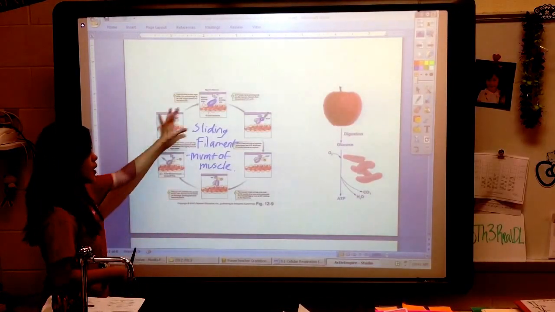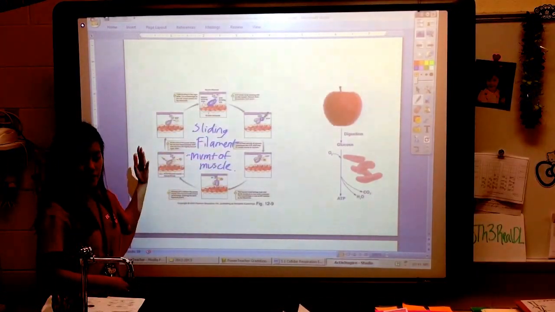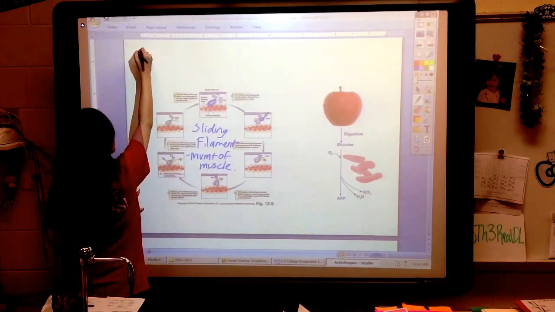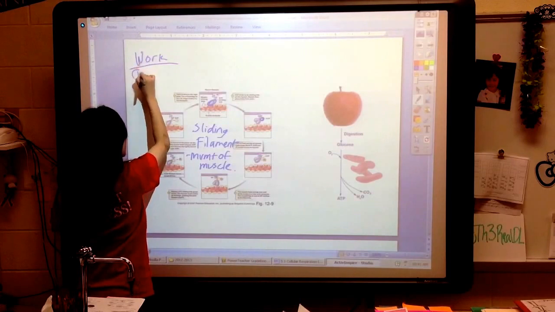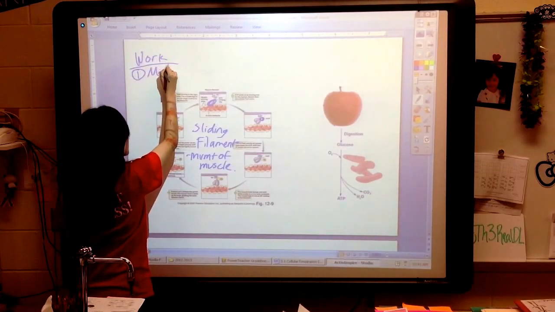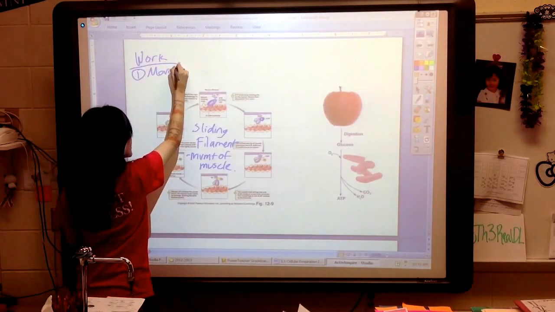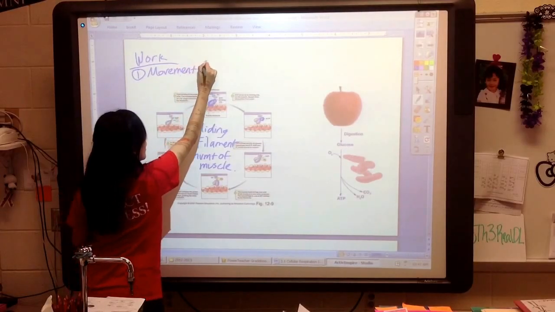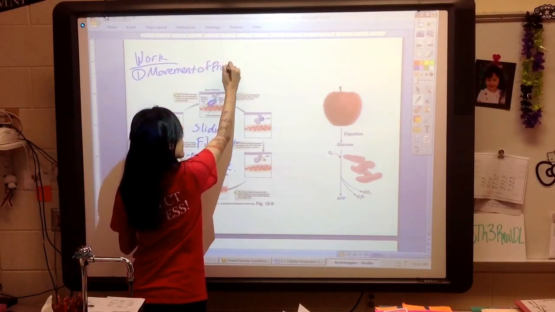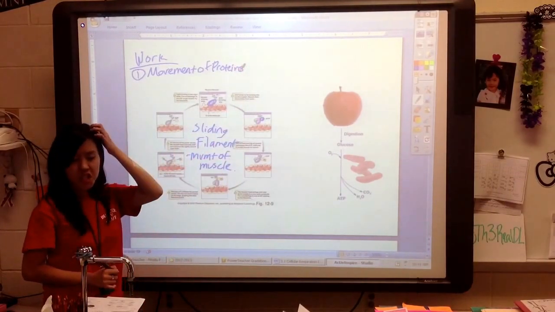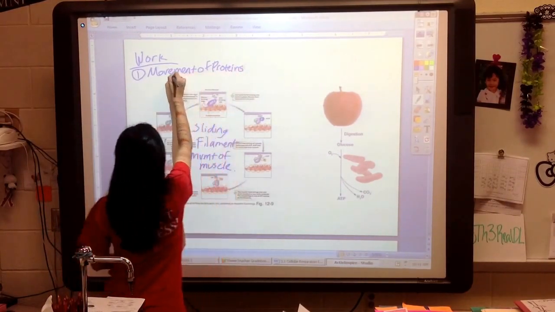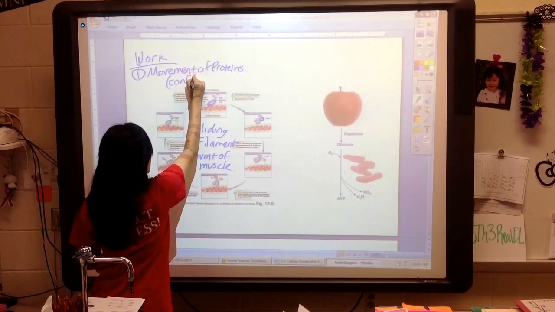So when you're thinking about that, one thing that we have to keep in mind is that when we're talking about work, most of the work that we need to do is the movement of proteins. And if a protein moves or changes shape, remember that this is called a conformational change.